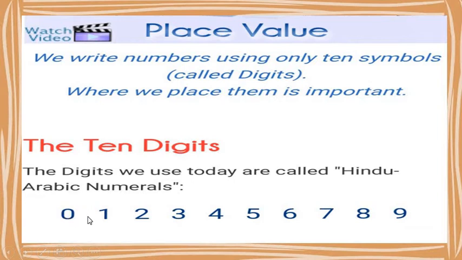We used to write the numbers like this, and these all numbers are alone. Look, 0, 1, 2, 3, 4, 5, 6, 7, 8 and 9. These all numbers stand alone. They don't have any companion or any other number with them.